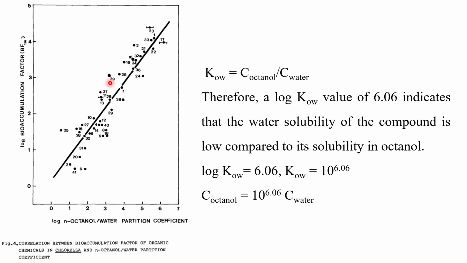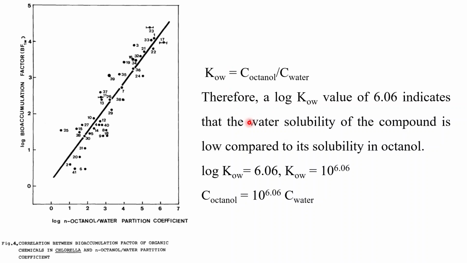There are certain graphs that have been plotted by different research groups, and they have derived a correlation between the bioaccumulation factor, that is how much a compound is getting accumulated inside the tissues of organisms, with respect to the KOW. So KOW is a chemical factor. You can determine this KOW value for any compound. You can just take any compound and see the concentration of that compound in octanol versus water.